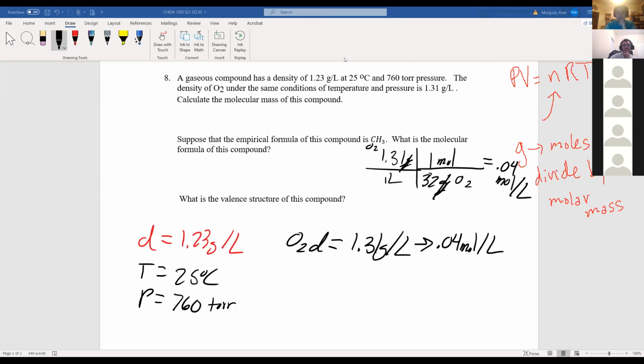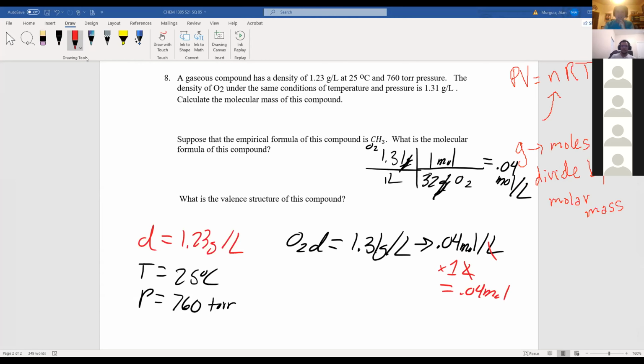Divide by 1 liter? Multiply. Multiply, right? So that gives us the conditions for oxygen gas.